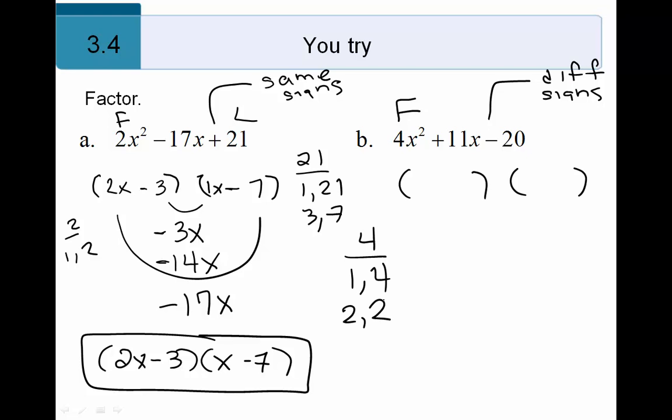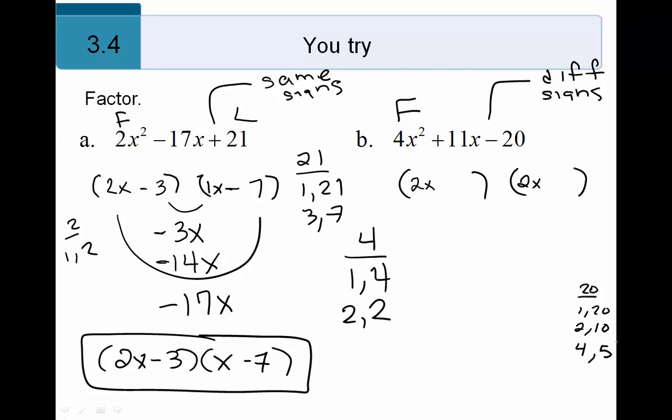I know you probably want me to go through all the process, but if I do that, I'm going to end up having to erase everything, so maybe I should go through that process. Notice if I try 2 and 2, you just put 2x times 2x in there. Now I'll list my factors of 20: 1 and 20, 2 and 10, and 4 and 5.